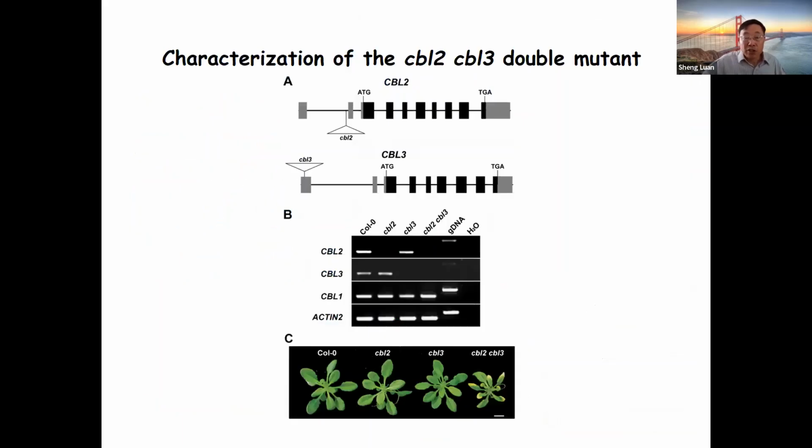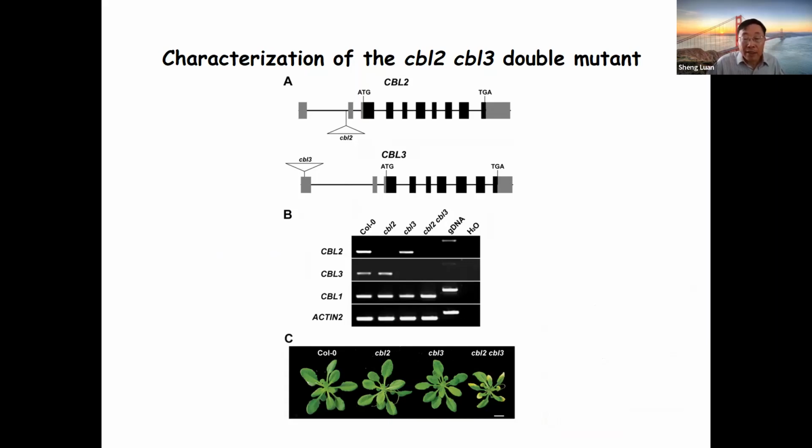In genetics, because they're very similar, single mutants do not show any visible phenotype. But the double mutant starts to show a smaller plant and nutrient deficiency or imbalance kind of phenotypes, like burning leaf tips. This nutrient phenotype starts to show.